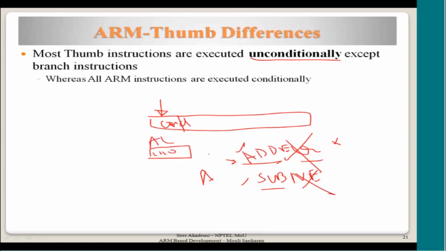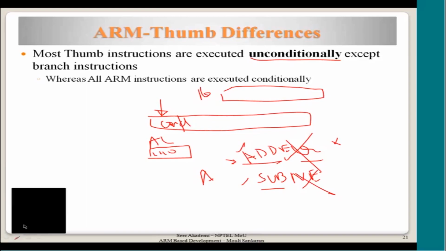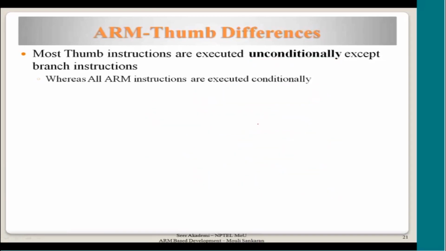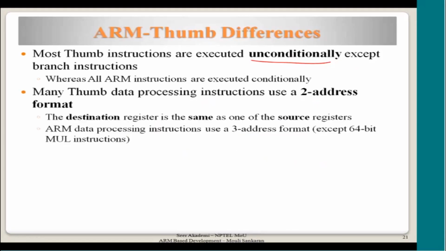This particular bit pattern is not there in the 16-bit instruction at all. So condition codes are not there. You cannot execute the instruction conditionally, but instructions can affect the condition flags. Please remember, only a few instructions may be executed conditionally.